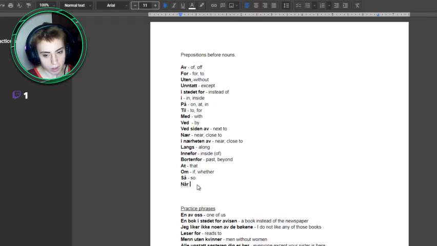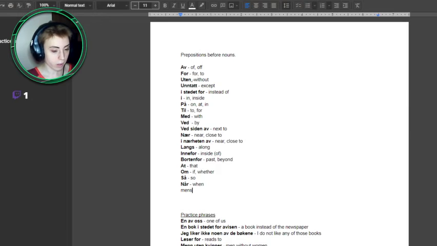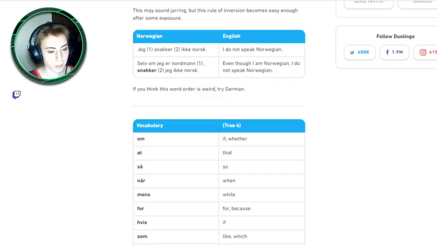I think so. When? Yay! Mens. Another tricky one, because men without the S on it means but, but at the end it means something completely different. It means while. Tricky. Okay. For, because.